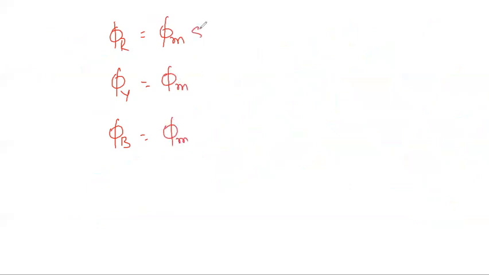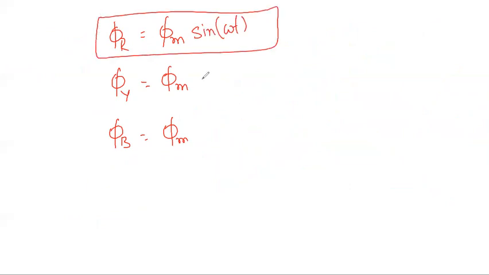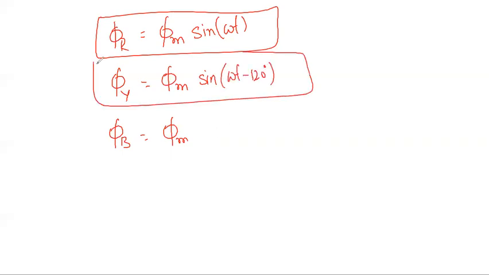So let me write it again. Phi r, phi y, and phi b. So these are the instantaneous fluxes. So phi m is the maximum value of flux that is being present. So for sine omega t, that is one for the R phase. So the instantaneous value of R phase, sine of omega t minus 120 degree that is being present there for Y phase.